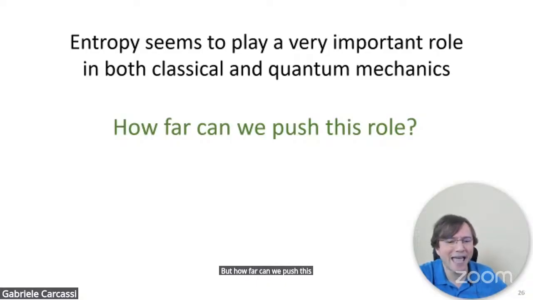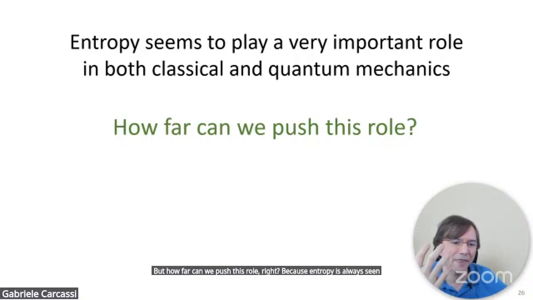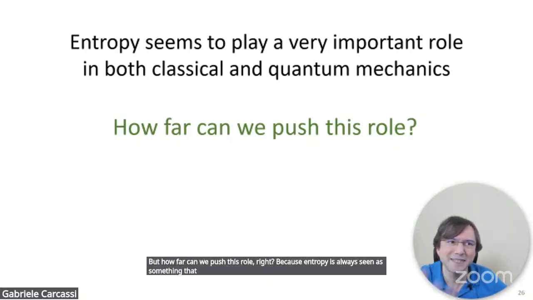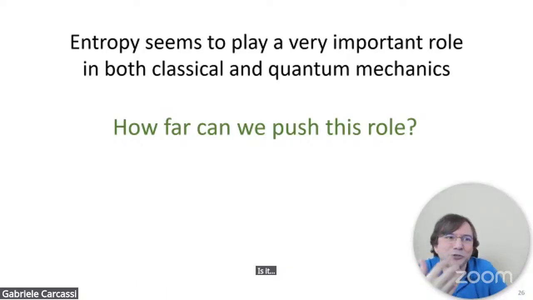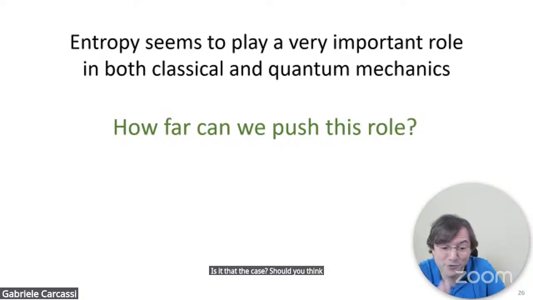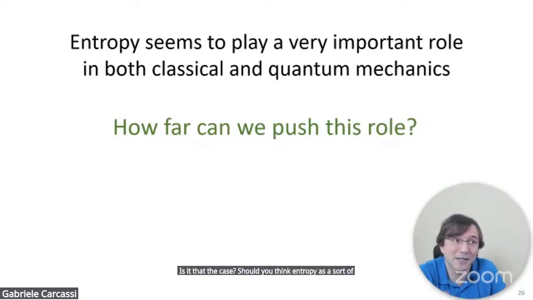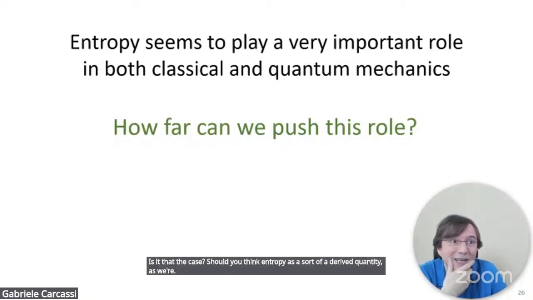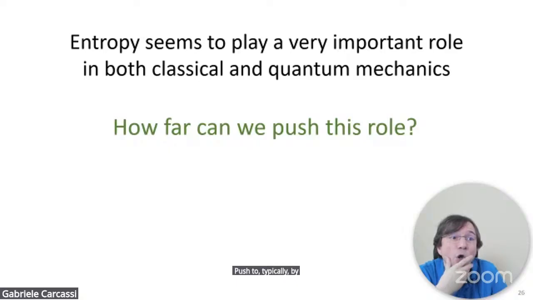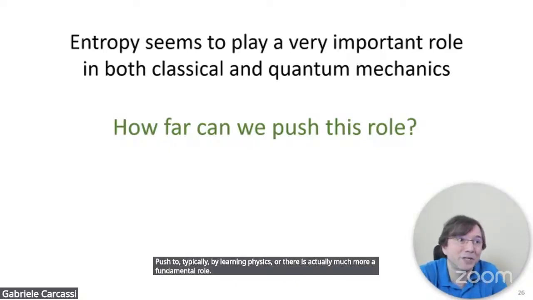Entropy is always seen as something that applies to statistical mechanics, not something fundamental inside mechanics. Should you think of entropy as a sort of derived quantity, as we're typically pushed to by learning physics, or is there a much more fundamental role that entropy is playing?